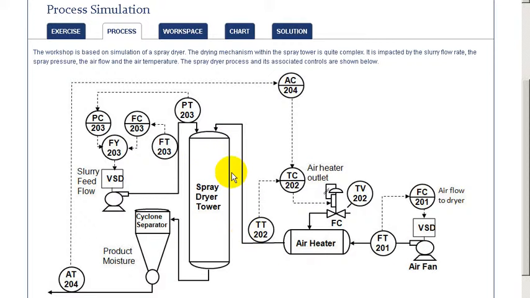This is mixed with the spray to dry the particles. The gas flow to the air heater is adjusted to maintain an outlet temperature of the air heater, and the flow is maintained through a variable speed drive of the fan. The product moisture is measured and is used in a PID to adjust the target outlet temperature of the heater. So let's get started with our workshop.